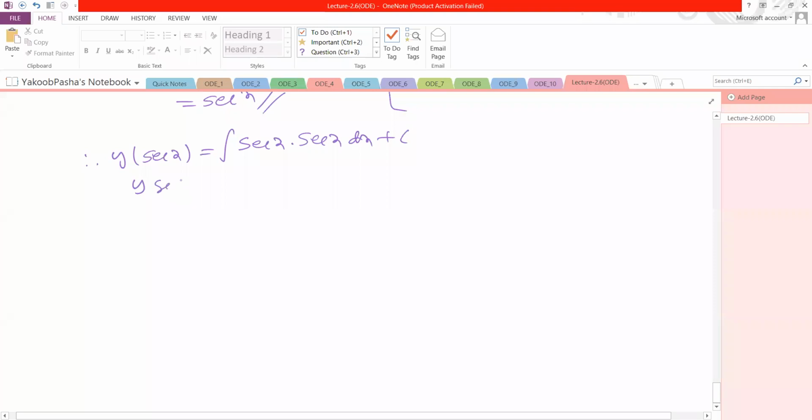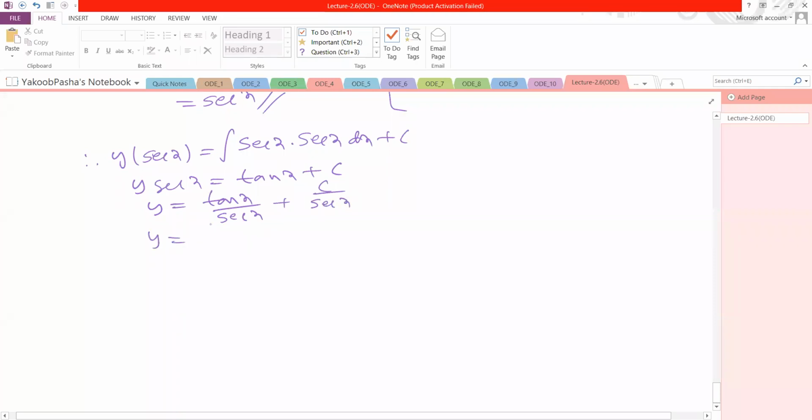So y secant x is equal to secant x into secant x. Secant square x integration is tan x, I am writing directly, plus c. And y is equal to tan x divided by secant x plus c by secant x.